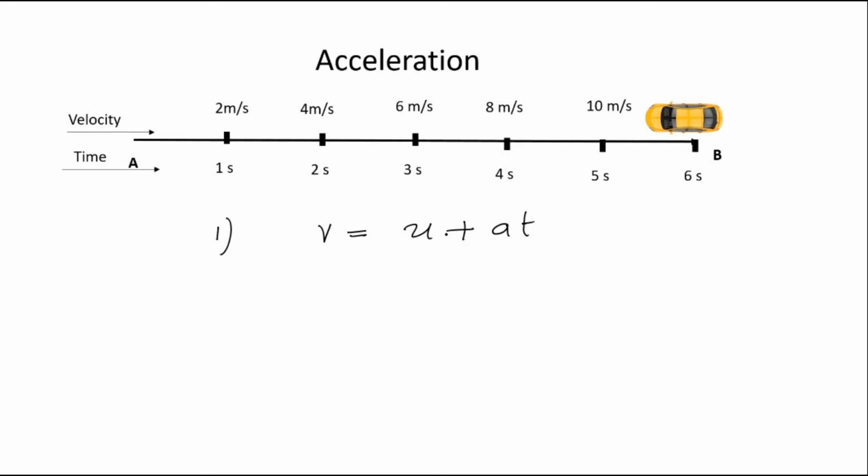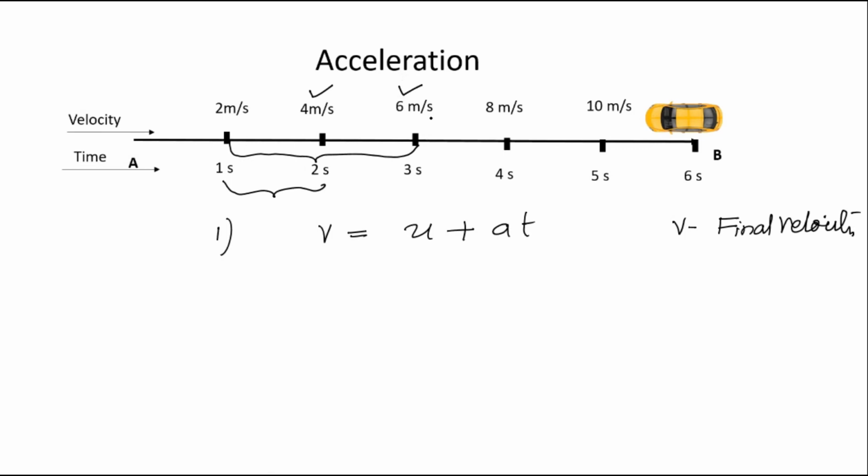Now this is a very important part of this video. What does this small v tell us? This small v is final velocity. And in this case, what is the final velocity? If you take a time interval from here to here, what is the final velocity? 4 meters per second. If you take the time interval from 1 second to 3 seconds, what is the final velocity? 6 meters per second.